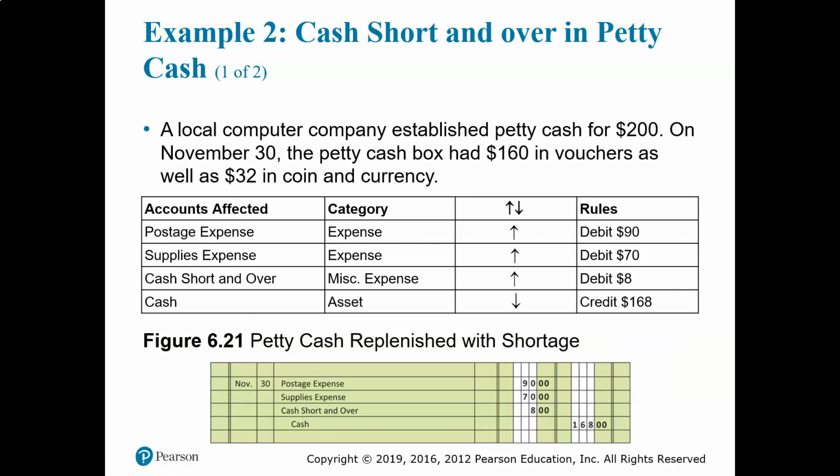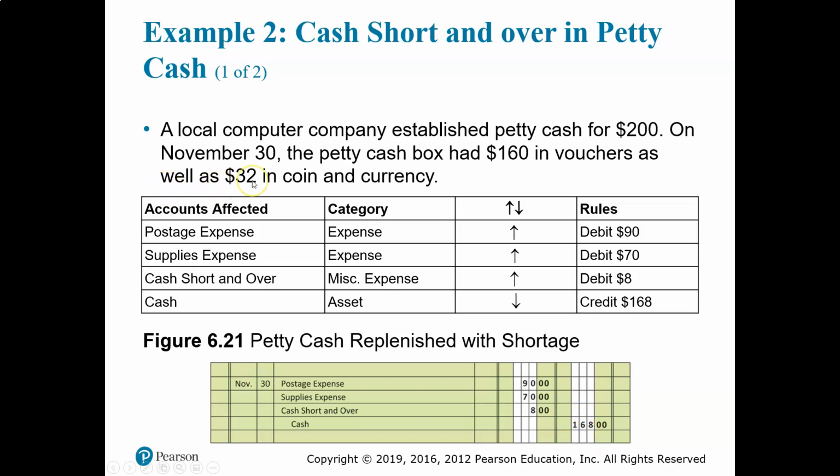Okay, now you can have cash shortages and overages in petty cash as well. So if your vouchers and your cash in the box don't add up, say you have $32 in coin and currency and $160 in vouchers, that's $192. And you need to add up to $200. So we're $8 short. Okay, so we record our postage, our supplies expense, and then we record an expense for being short to get our total amount we need to replenish petty cash.